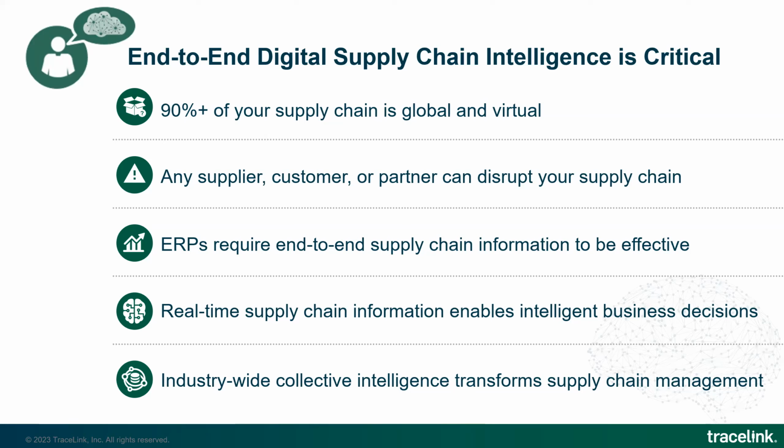Real-time supply chain information helps companies make better business decisions, especially when you're dealing with people external to your company, where getting that real-time information isn't always possible. And the better the industry does at having this collective intelligence about the status of the supply chain, the easier supply chain management becomes, and it transforms it.